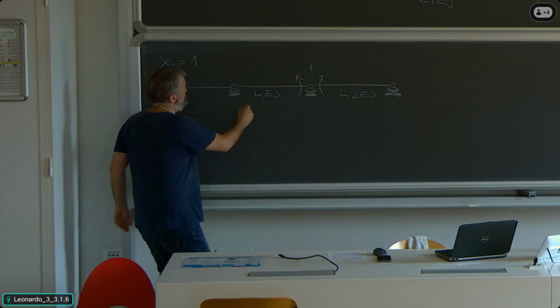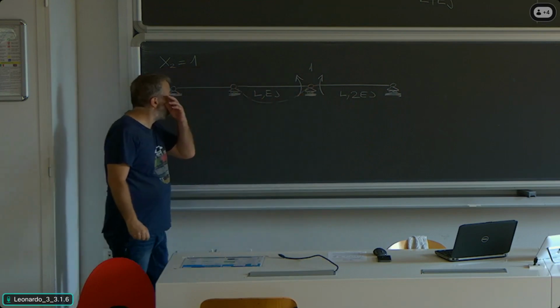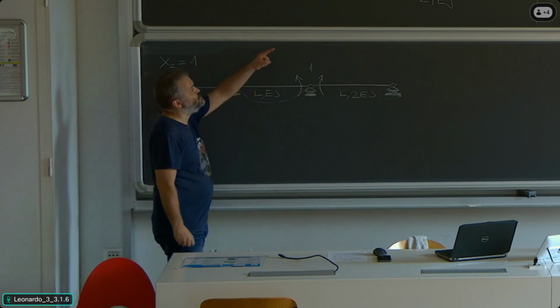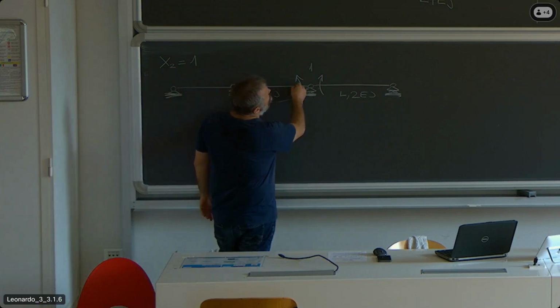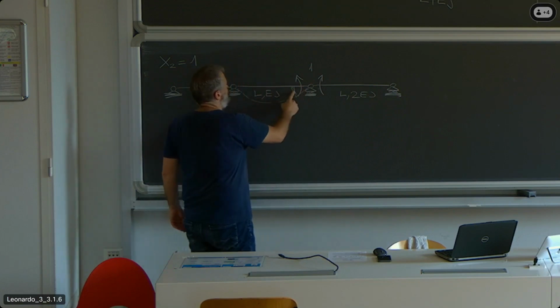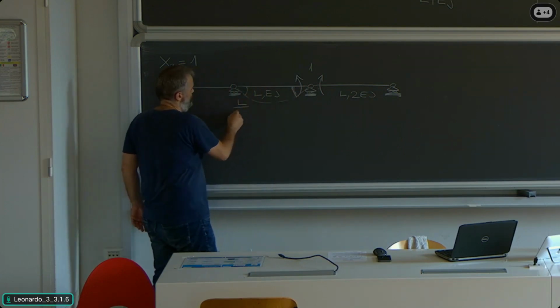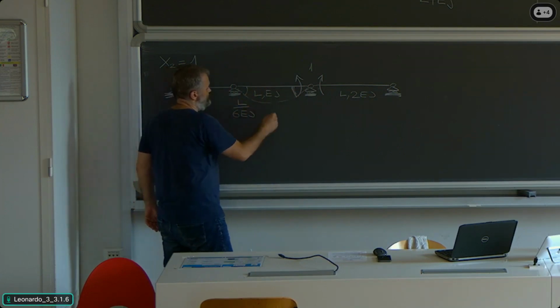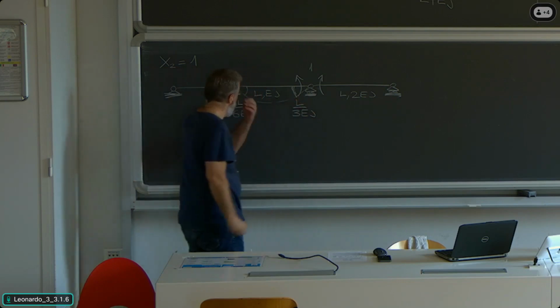What we have is, in the second span, same situation as above, but with reversed rotations. So here we have L divided by 6 EJ, and here we have L divided by 3 EJ.